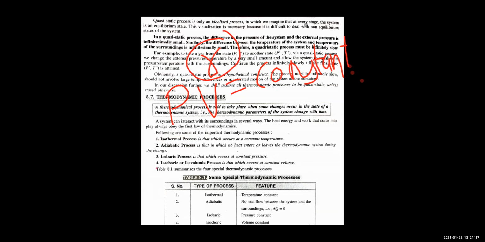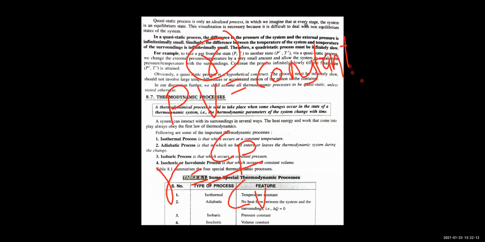Gamma is the ratio of specific heat at constant pressure upon specific heat at constant volume. So that is your gamma. So for adiabatic process, we can write PV raised to gamma equals to constant.